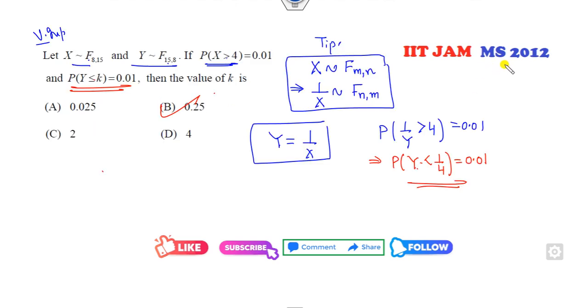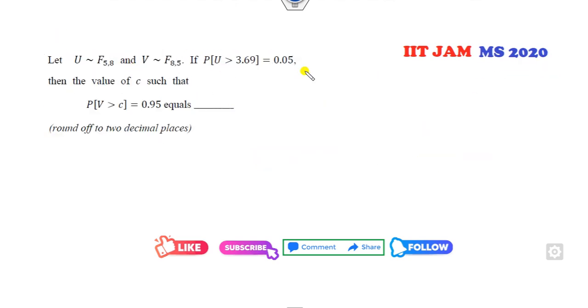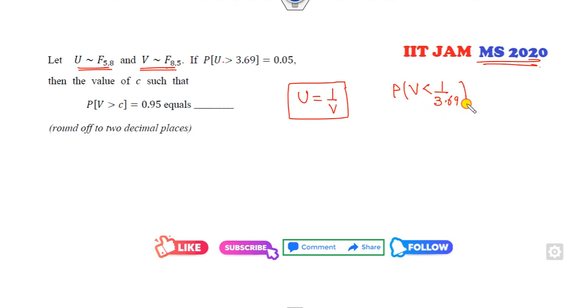Again you can see it's MS 2012 and the same kind of question is asked in MS 2020 as well. So again you can see from here, U is nothing but 1 over V. If I substitute here, what is my V? V is less than 1.69 is 0.05.